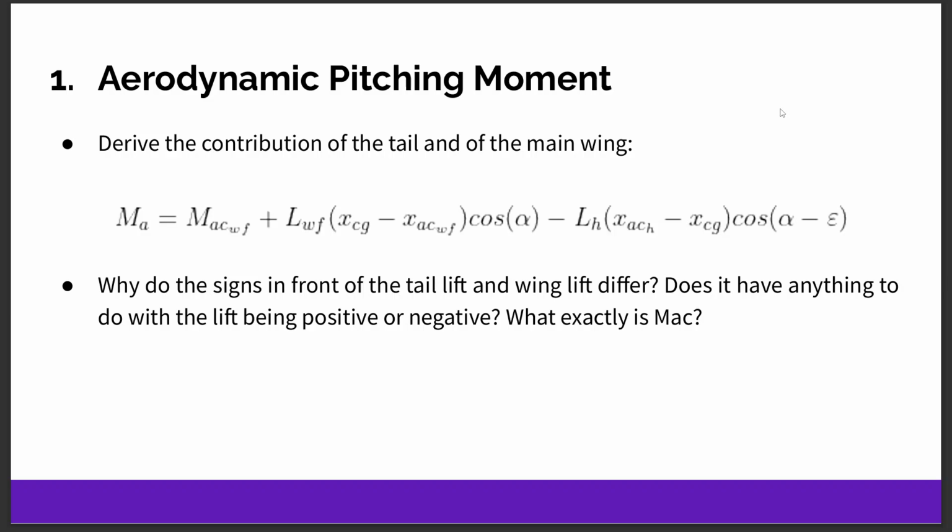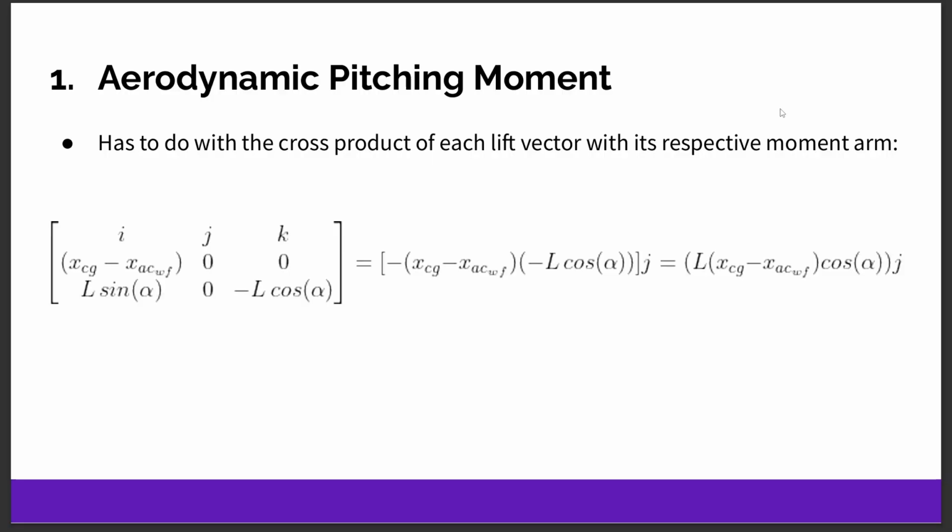The plus in front of the lift of a main wing is actually due to the cross product between the moment arm XCG minus XAC and the lift of the main wing. And we can see here in this matrix, and here we're dealing with a vector operation. So we have only the x components for the moment arm XCG minus XAC, and we have an x component and a z component for the lift of the main wing.